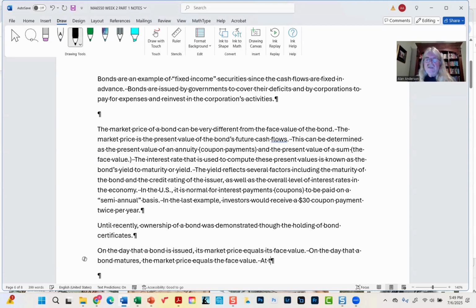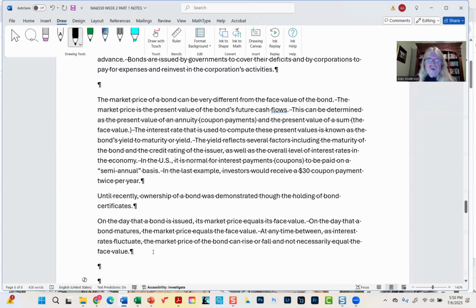At any time between, as interest rates fluctuate, which they do, the market price of the bond can rise or fall and will not necessarily equal the face value.